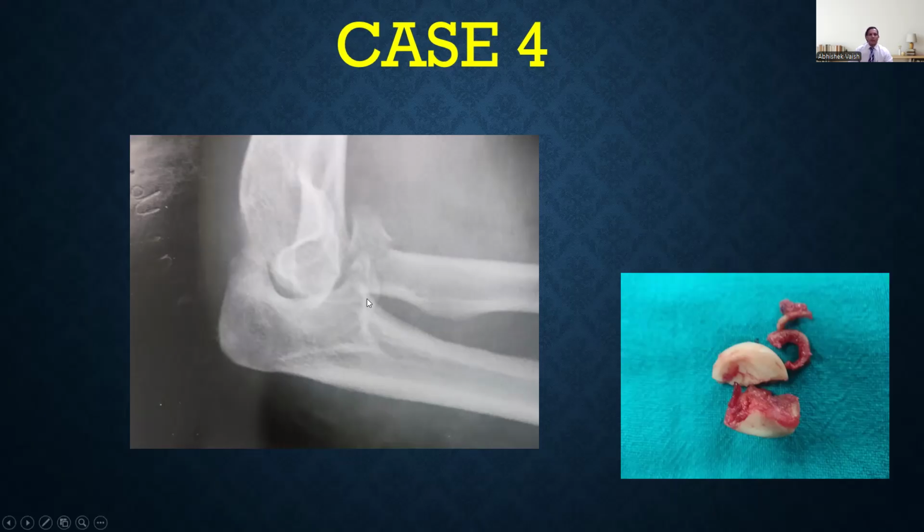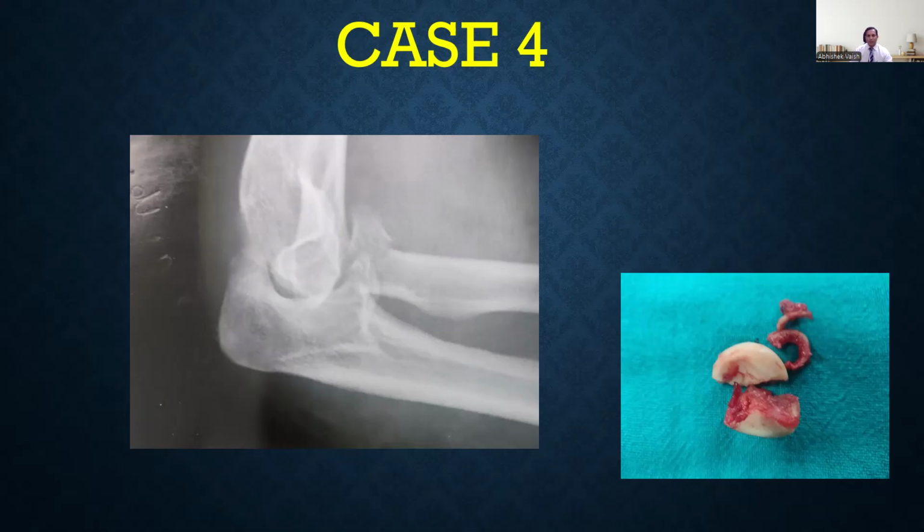In such cases, you should always get a CT scan done so that you don't miss any fracture. And once you do the CT, you can completely know the morphology of the fracture and what plan should be made. So you can see this with the intraop image. The radial head was fractured in 4 to 5 pieces, and this was not repairable.